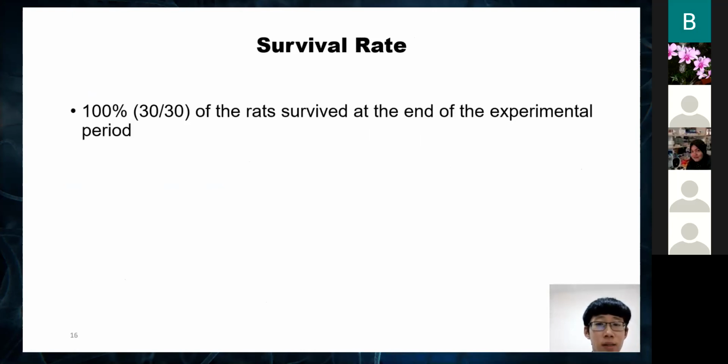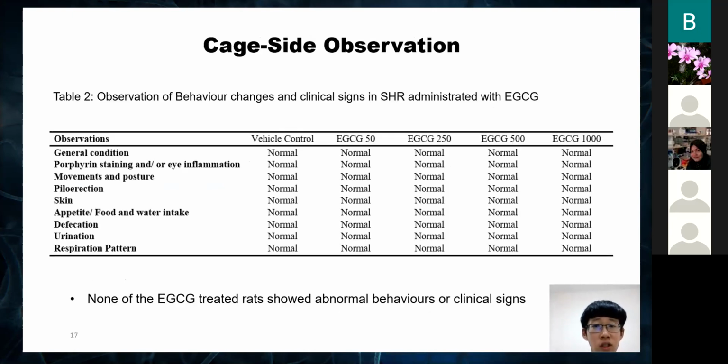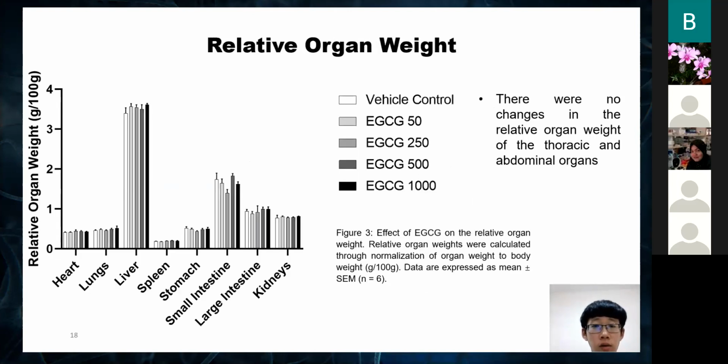100% of the rats survived until the end of the experiment period. None of the EGCG treated rats showed abnormal behaviors or clinical signs. There were no changes in the relative organ weight of the thoracic and abdominal organs.